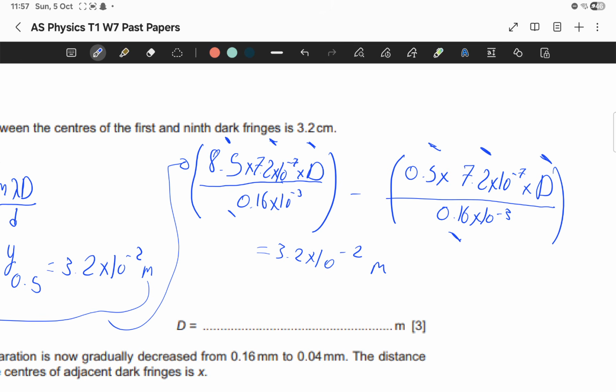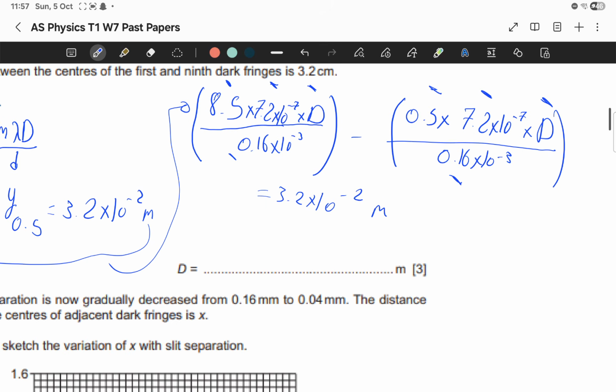Remember, you have to have the brackets under the minus. Equals 3.2 times 10 to the power of negative 2. On an equation solver, this will give me 0.88888 repeating meters.